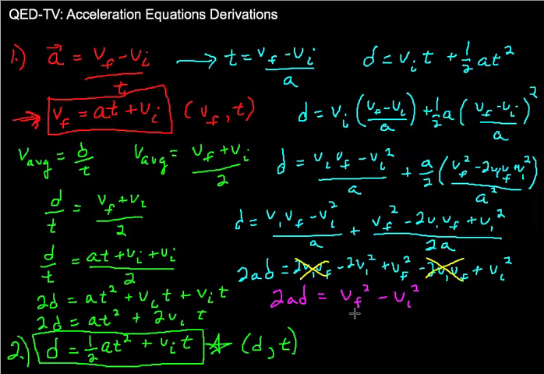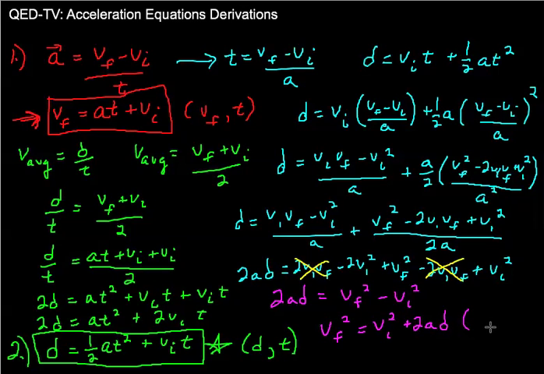We're simplifying it here. And a lot of times we write it in terms of Vf squared. So I'm going to have Vf squared equals Vi squared plus 2Ad.